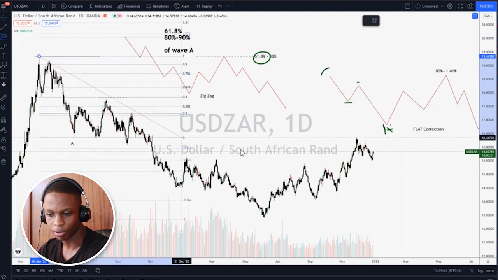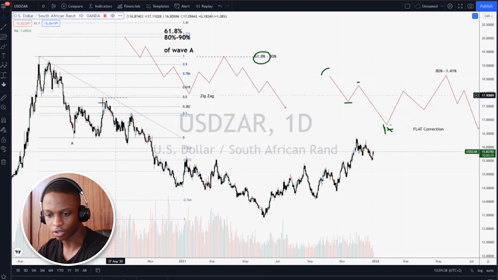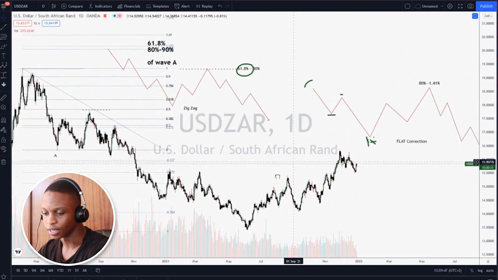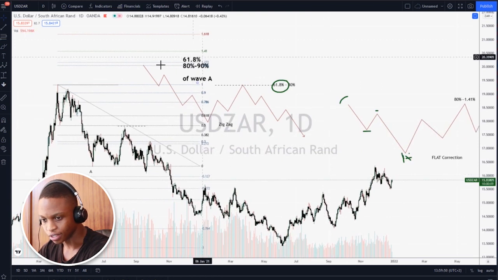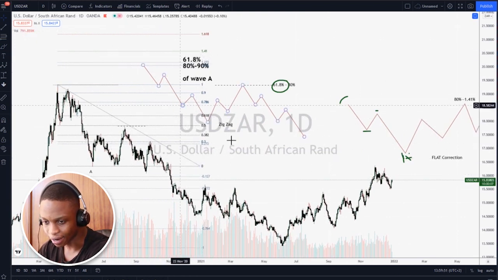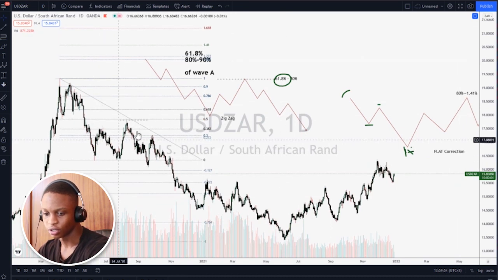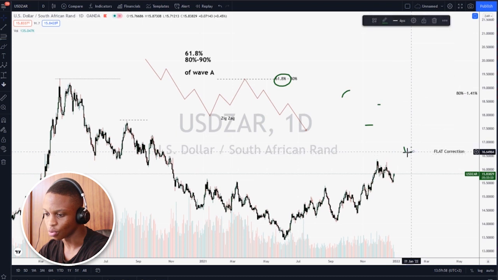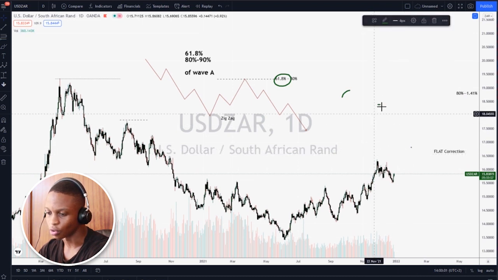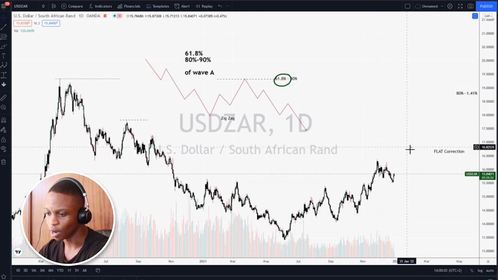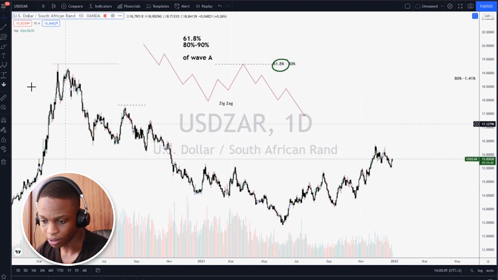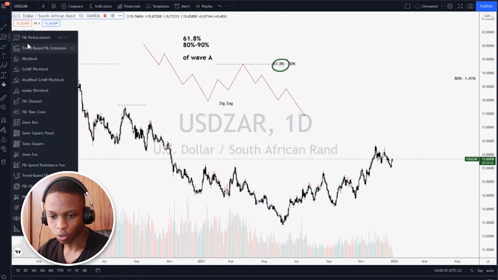But now, when we put it back there, it tells us that that retracement is a 50%, meaning that it doesn't satisfy the wave B rule of an 80% to 90% or even a 618. So it cannot be a wave B, right? So we cancel that. We scrap the flat correction rule, and we know that now we're dealing with a wave 3 that is not a normal one, being a short one.